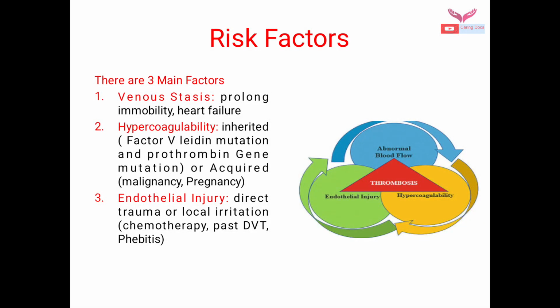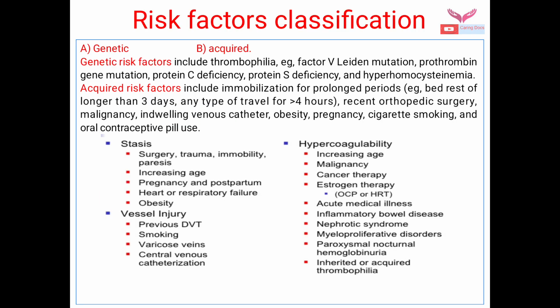The risk factors are usually contributed by venous stasis, hypercoagulability, and endothelial injury, and this triad is called Virchow's triad, and it is responsible for the risk factors for pulmonary embolism.